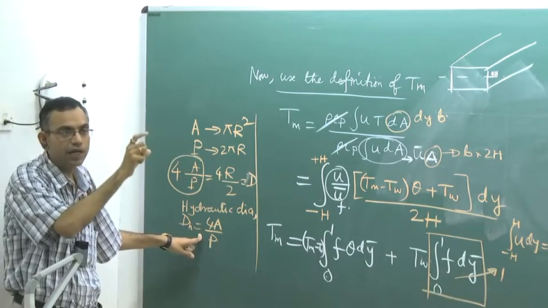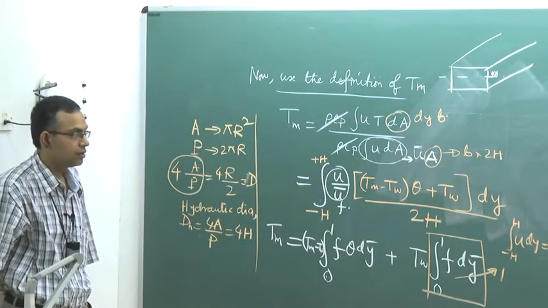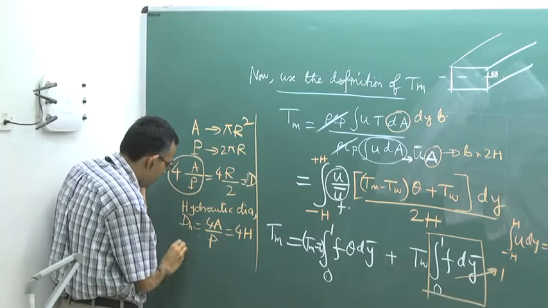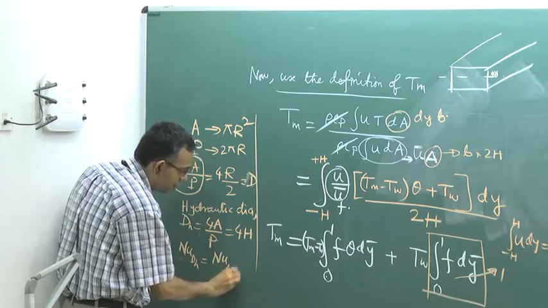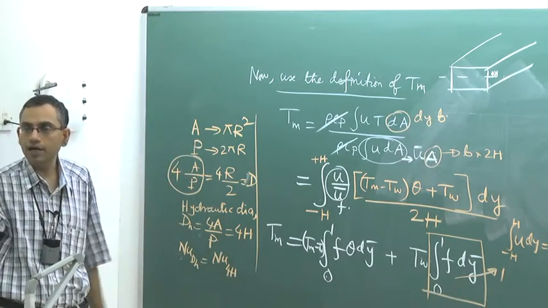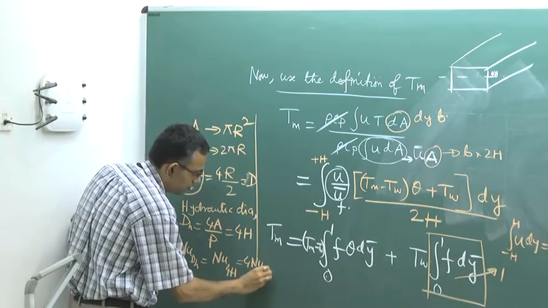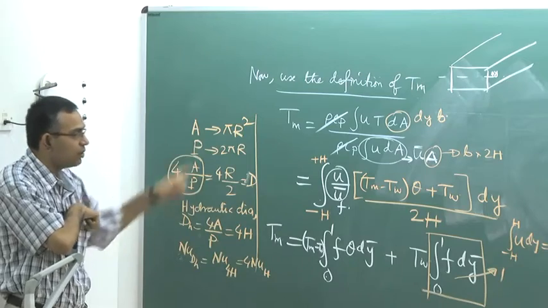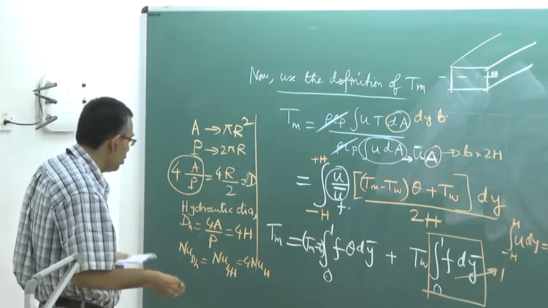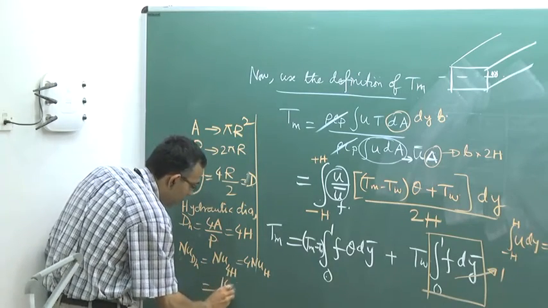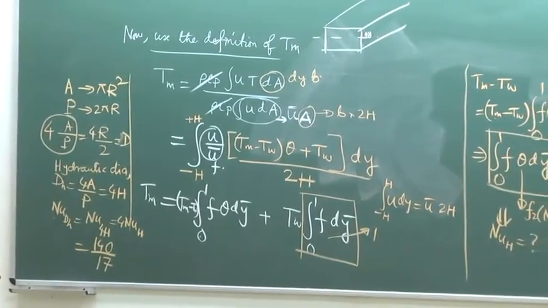So 4 area by perimeter is 4h. So the Nusselt number based on hydraulic diameter is the Nusselt number based on 4h, that is 4 times the Nusselt number based on h. If you evaluate it with all these numbers, this value will come out to be 140 by 17. So this is your homework. 140 by 17.